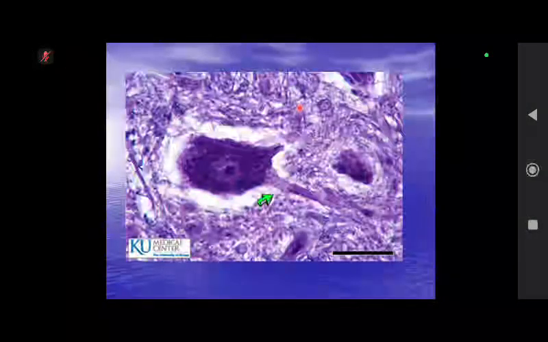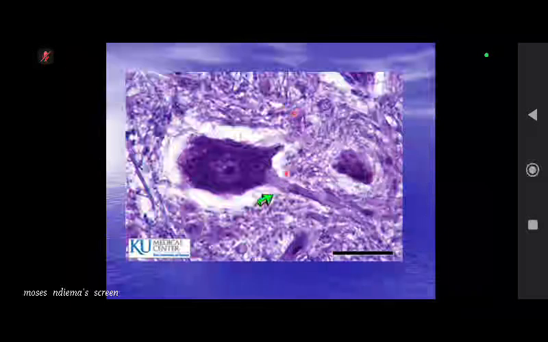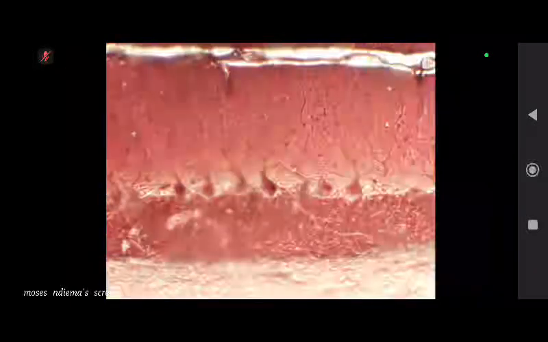This is just to illustrate a single axon from the cerebellum. You'll be able to see this slide in our practicals.